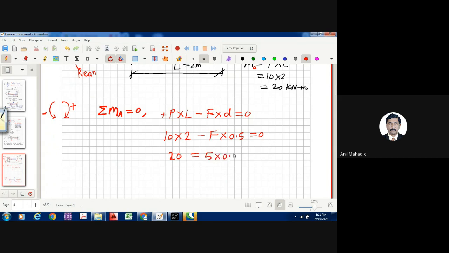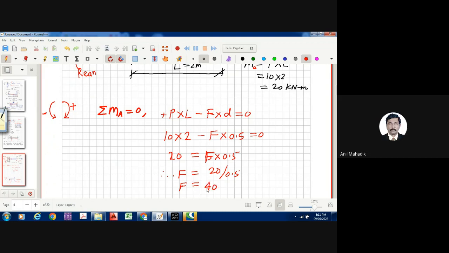So F will be 20 upon 0.5. कितना आएगा? 40 आएगा ना? 40.